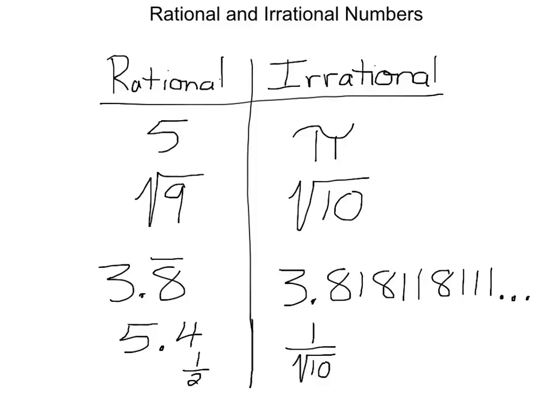So that's a pretty basic understanding of the difference between rational and irrational numbers. The last thing we're going to do is I'm going to give you a couple of examples of different things, and you need to decide whether those numbers are rational or irrational. So here we go. Let's start with the square root of 20.